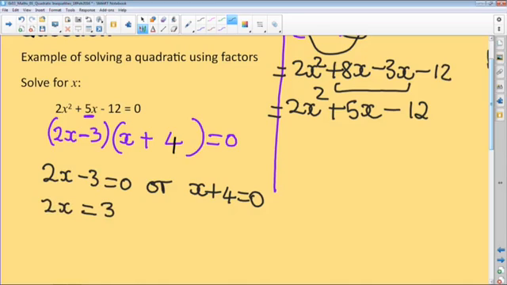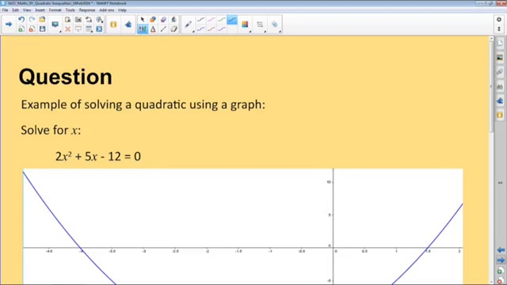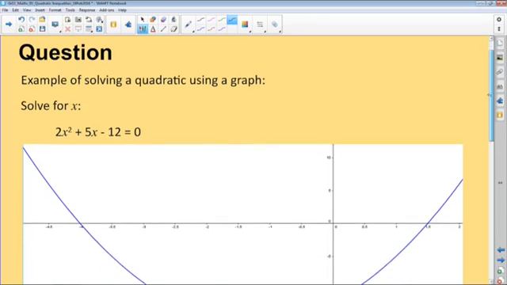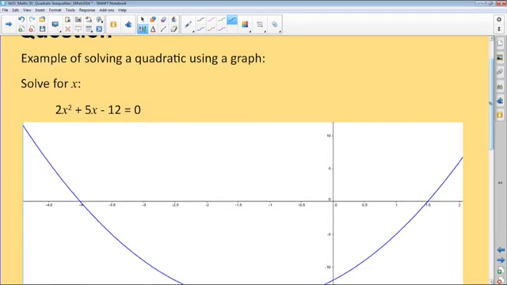Then how do you get rid of that 2 that's multiplying the x? You divide by 2 throughout. So you get x is 3 halves or x is negative 4, right? So this is how you solve your quadratic equation, which is just a recap of what we did in grade 10. All right, so now if we look again here, the example of solving a quadratic using a graph.